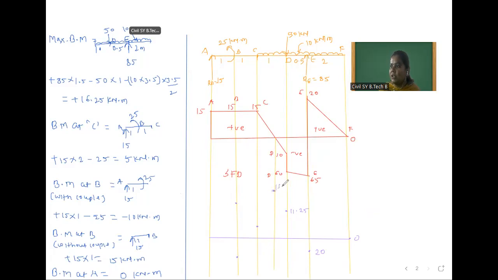This is 16.25. This is 10. This is 5. And this point is plus 15. Now we will connect.